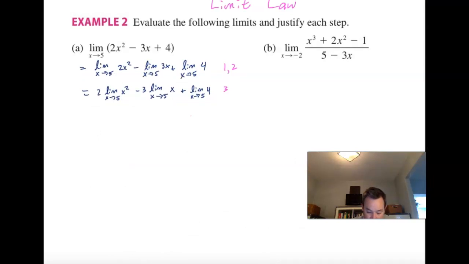And then the last step says these are our newer limit laws from the last page. You can substitute the 5 in here when you have a function that's x to the nth power. You can also substitute the 5 in here, which is our limiting value, when your function is just x. And then this one just says the limit of a constant is that constant. So we used a few of the newer ones.